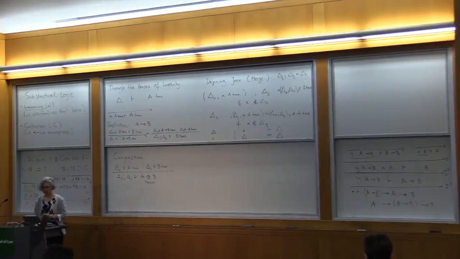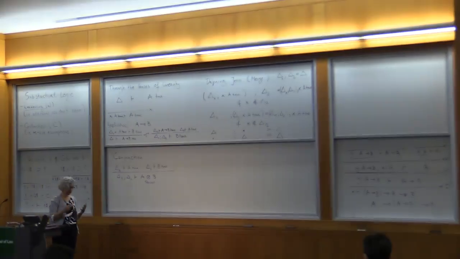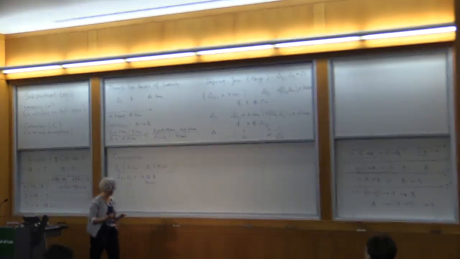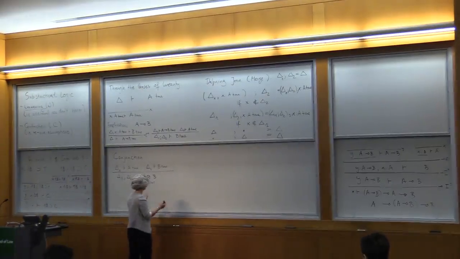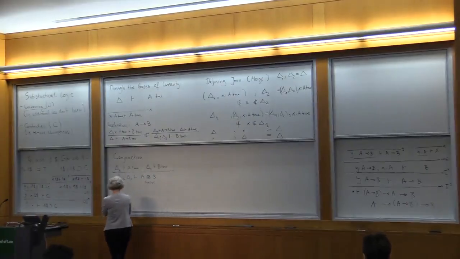So this is one form of a conjunction. It basically says, I have resources to achieve A and B at the same time, simultaneously.